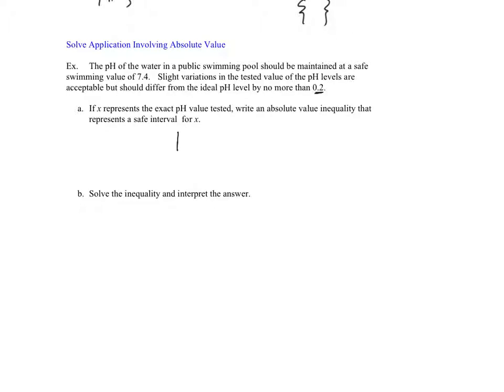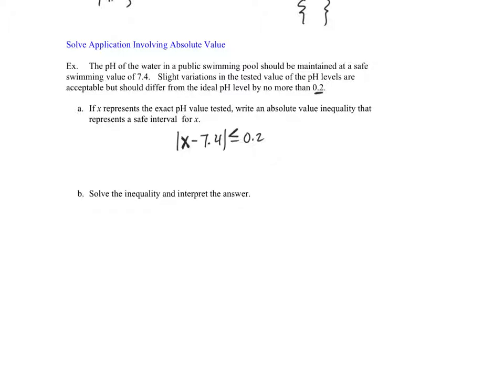So the difference between what we take our measurement in the pool and ideal should be no more than that. It could be 0.2, but it cannot be 0.3. It has to be anything less than that.